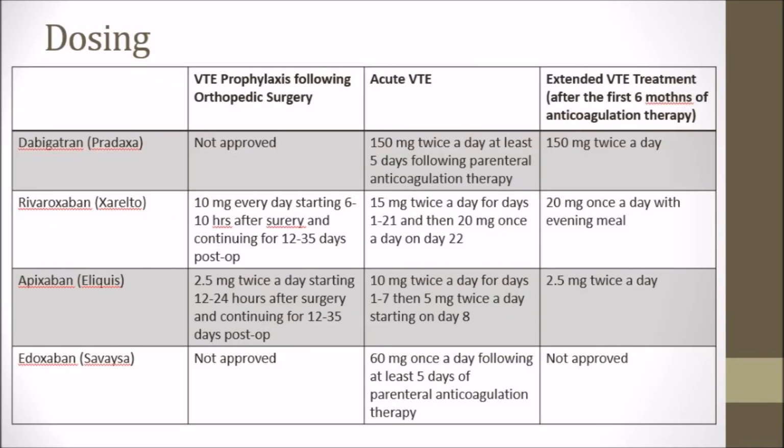This shows the dosing for both the direct thrombin inhibitor as well as the other factor 10A inhibitors. As you can see, Pradaxa is not indicated for any type of prophylaxis of VTE, only acute VTE and extended VTE, as the other agents are mostly approved for treating and prophylaxis of VTE, with the exception of edoxaban.